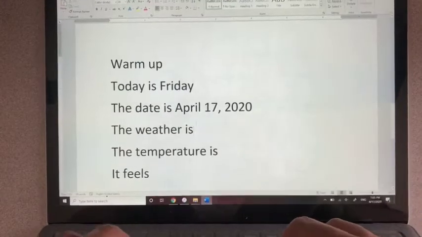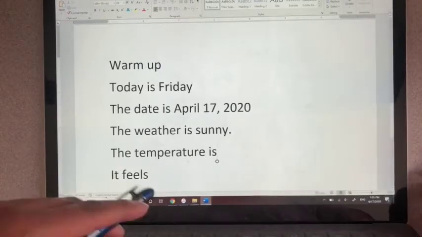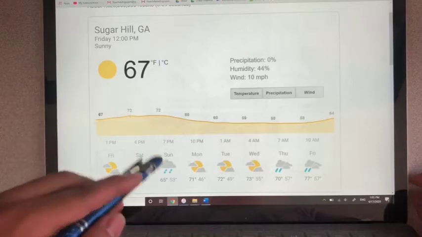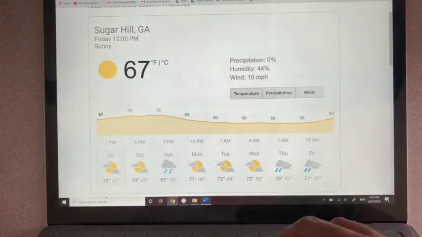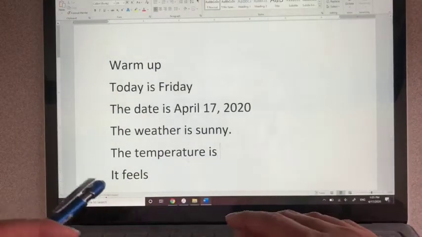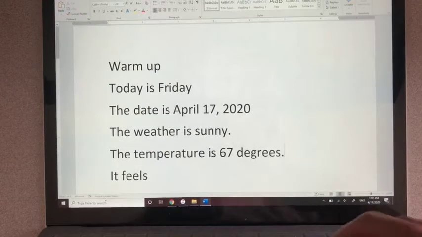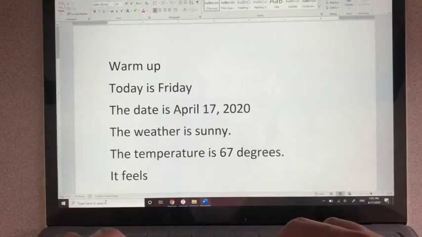The weather today is sunny. The temperature is 67 degrees. It feels mild.